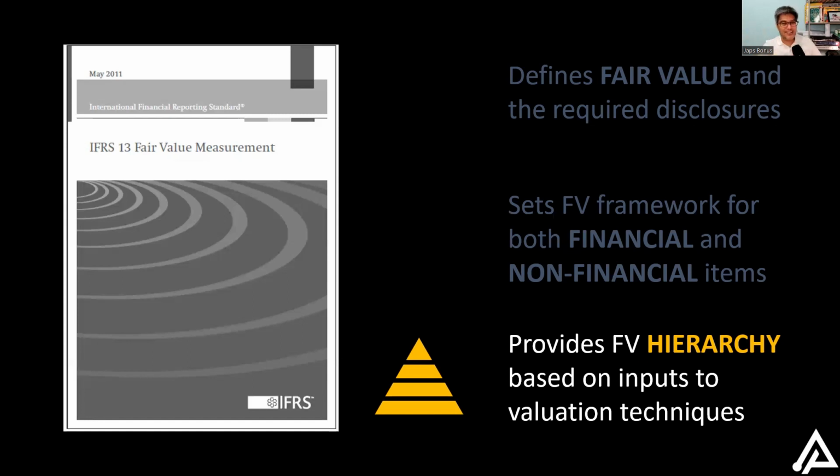And we will highlight later on what are the different levels. That hierarchy is driven by the inputs as well as the valuation techniques. To cut the spoiler alert, fair value hierarchy is a measurement of objectivity. Level 1 is the most objective, level 3 is the most subjective, and we will illustrate that later.